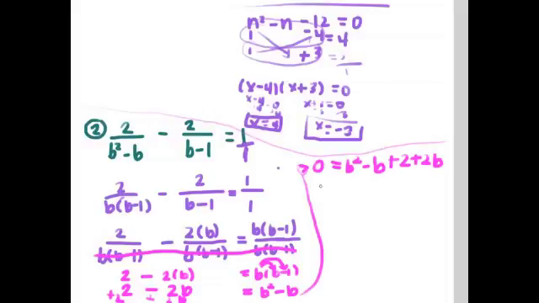Now all I do is just collect like terms. Okay, and so what do I have here? Something must be wrong here. Let me check this. Oh, here we go. I'm sorry.